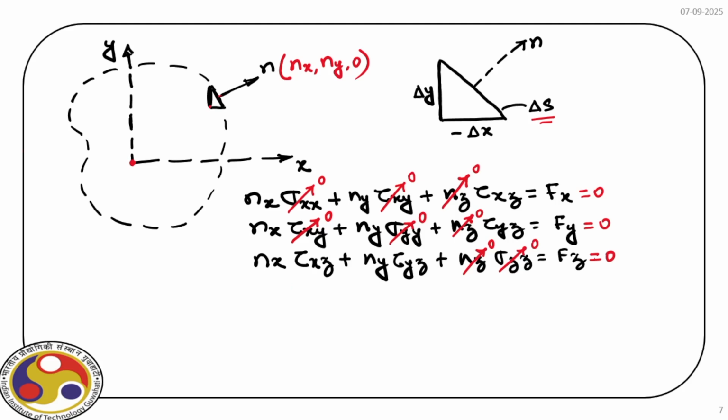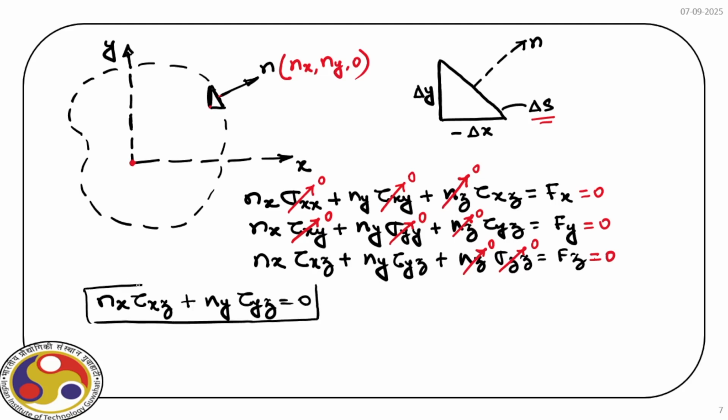So we get now another condition. We have nx tau xz plus ny tau yz is equal to 0. So this is the condition at the boundary that we have to further investigate.